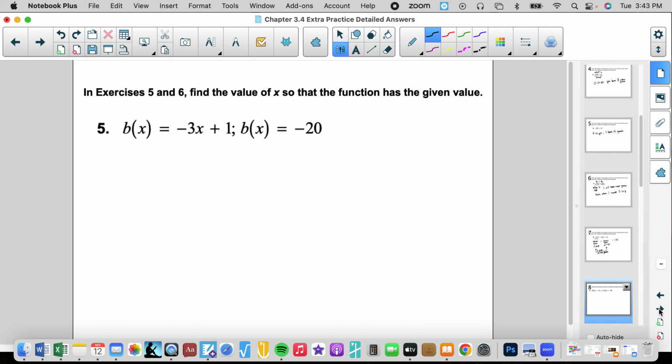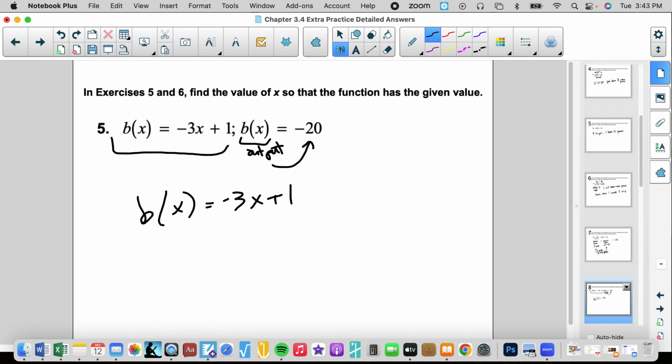That's pretty good. In exercise 5 and 6, find the value of x so that the function has the given value. This is great. So we know this is my output, and my output equals -20. So when I see this equation, b of x equals -3x plus 1, I can substitute these. I can substitute this value in for this.